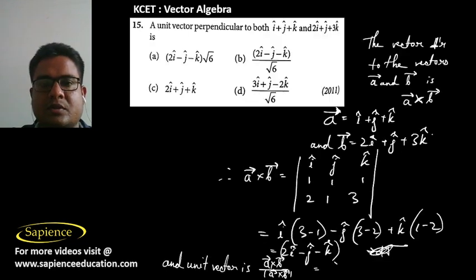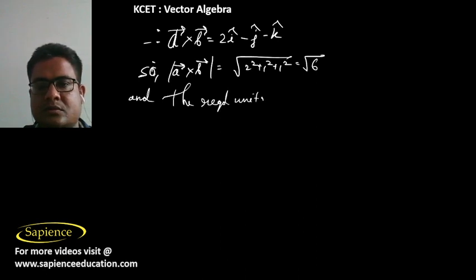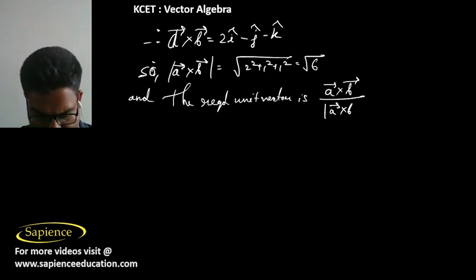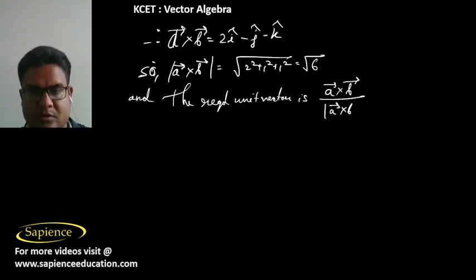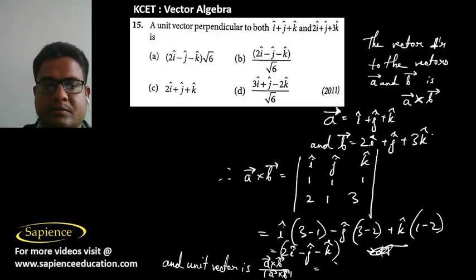Therefore, the required unit vector is A cross B divided by the magnitude of A cross B, which equals 2 i cap minus j cap minus k cap by root 6. Option B is the correct answer.